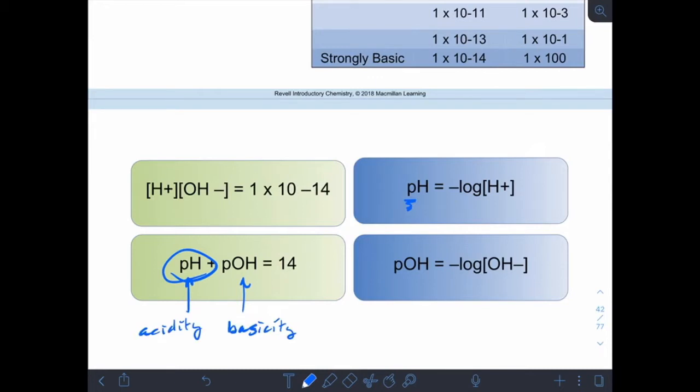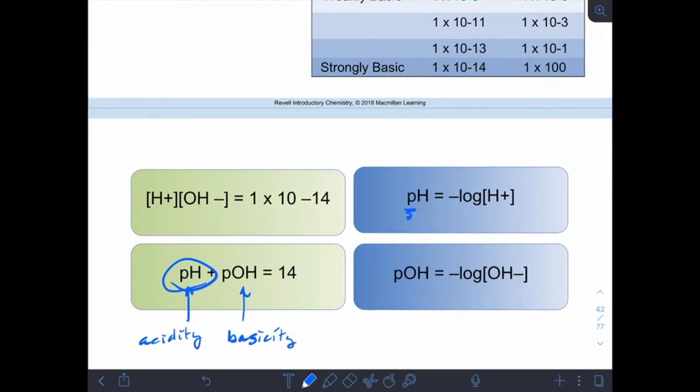Now, it's not in these slides, but if I want to go the other way, from pH to find the H plus, this log thing means to the power of 10, log base 10. So if I want to solve for H plus, I take 10 to the power of the negative pH.